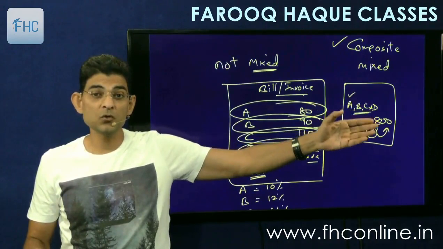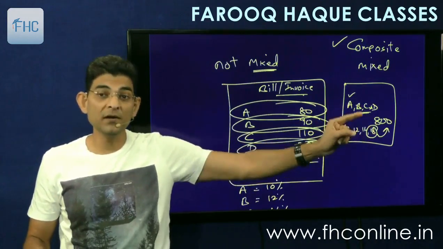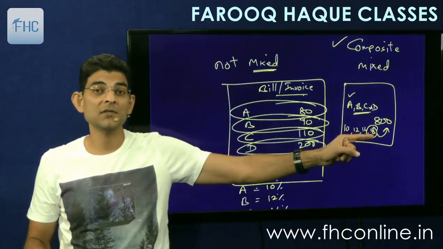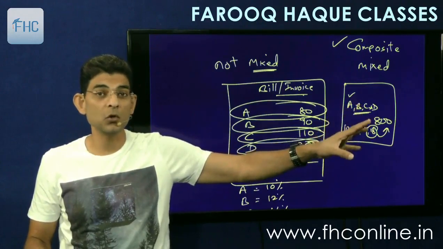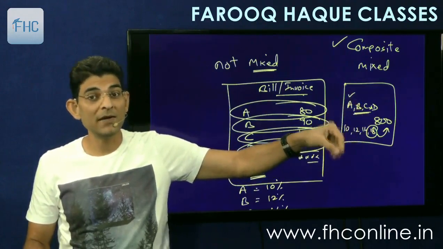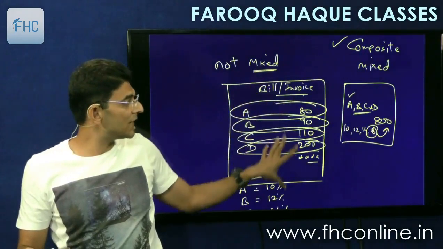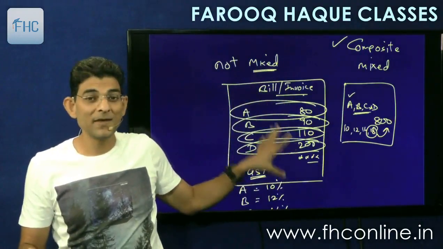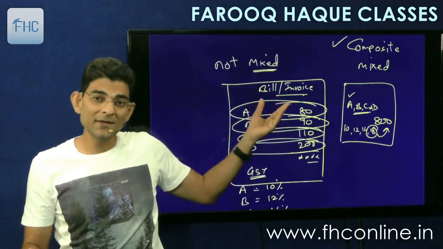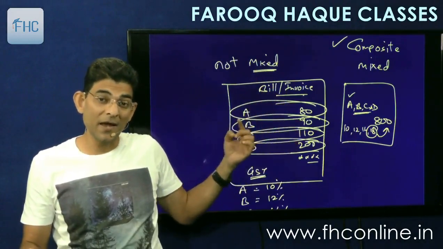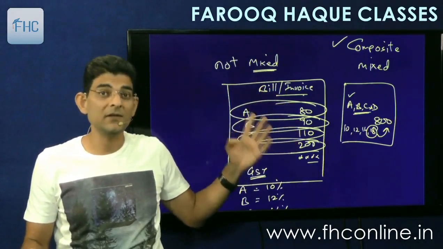Now since you have not shown it separately, the whole 800 will be chargeable at 18%. So the assessee is put to a loss. So he will never make such a sale. He will always write the value separately. So if you write the value separately, then each value is taxable at its own rate.